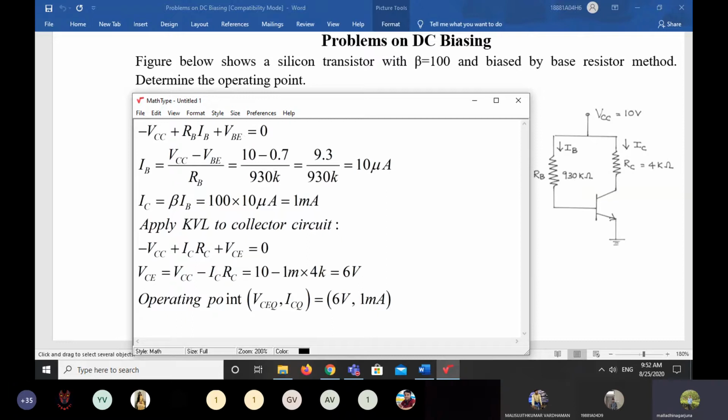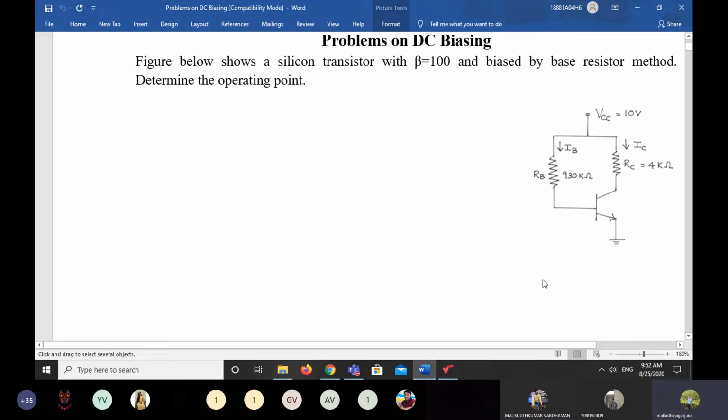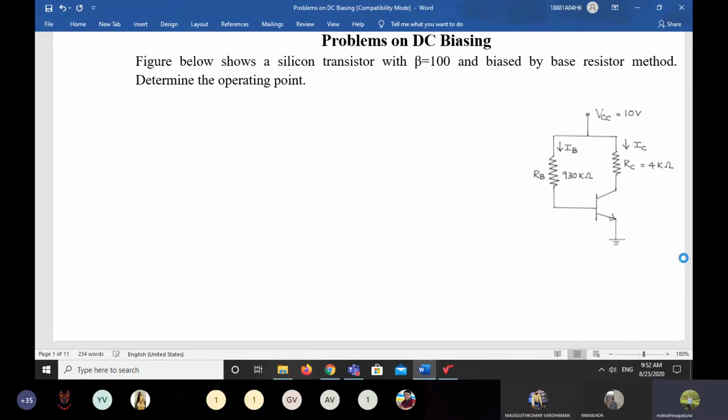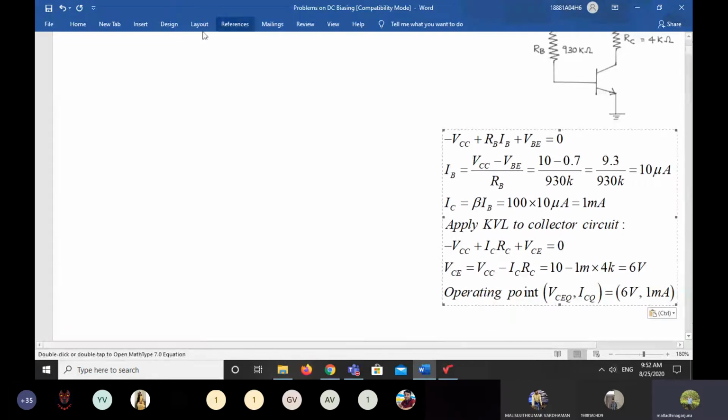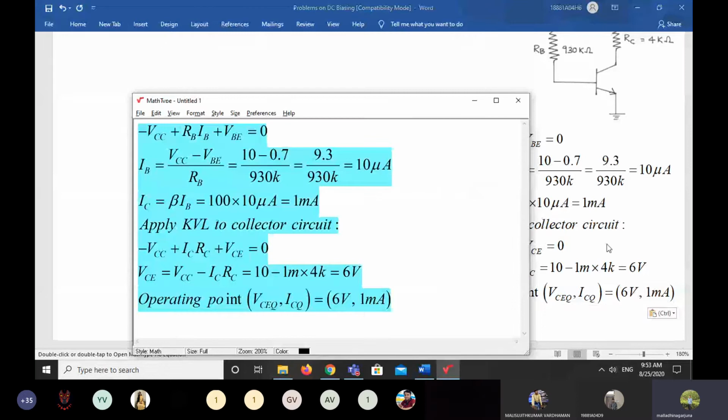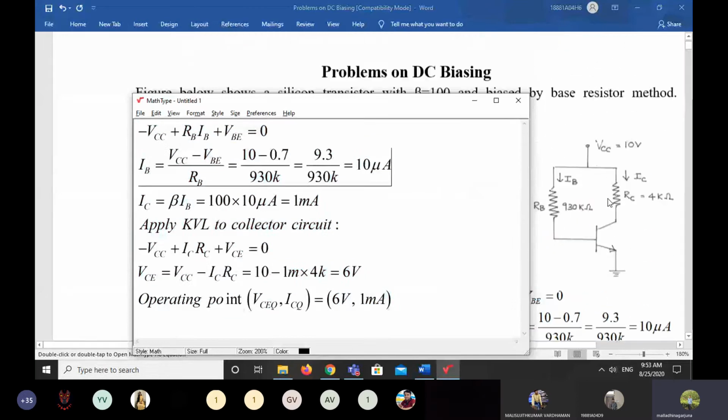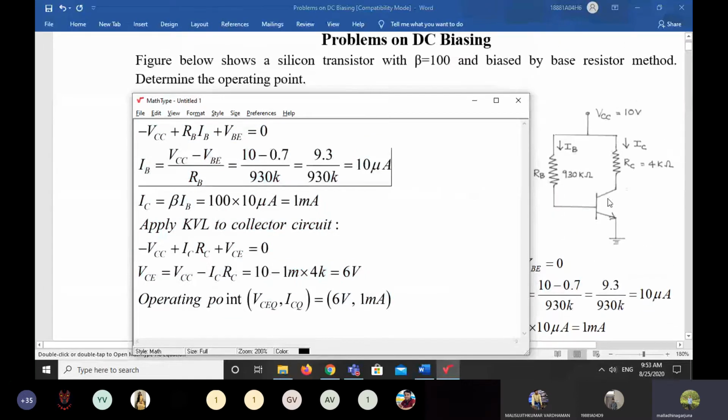So this is the solution for the first problem.